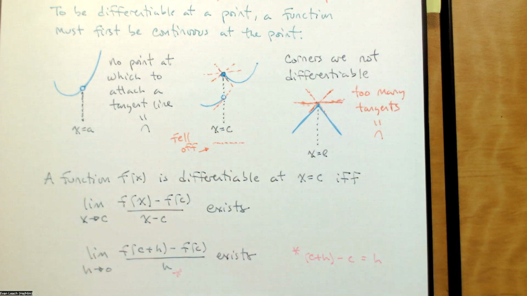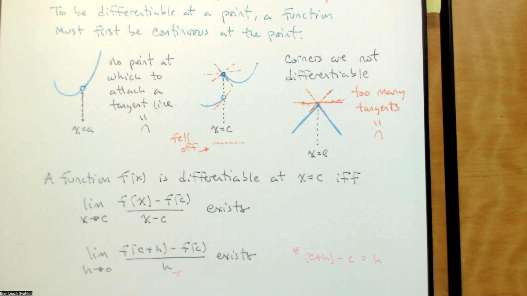Okay, so this is our next big idea, differentiability. I want us to think about what we're trying to do with this differentiability. We're trying to find the slope of the line tangent to a curve at a point. A function is differentiable at a point if we can do that.